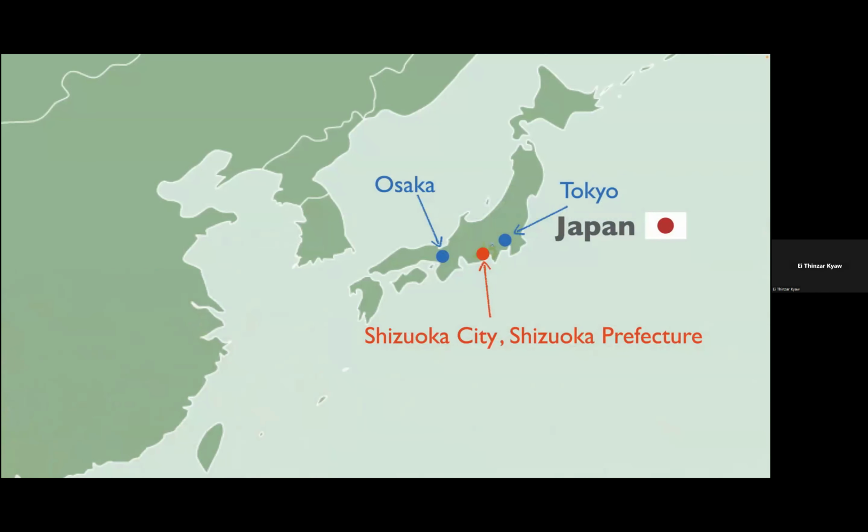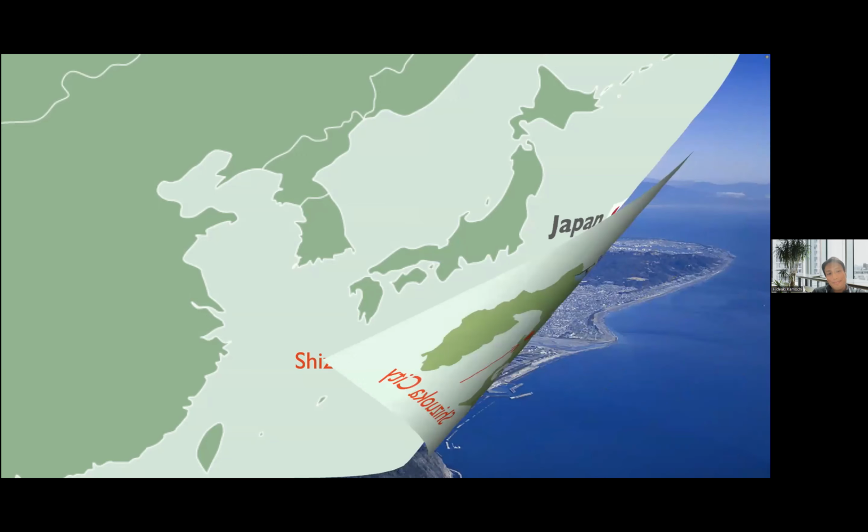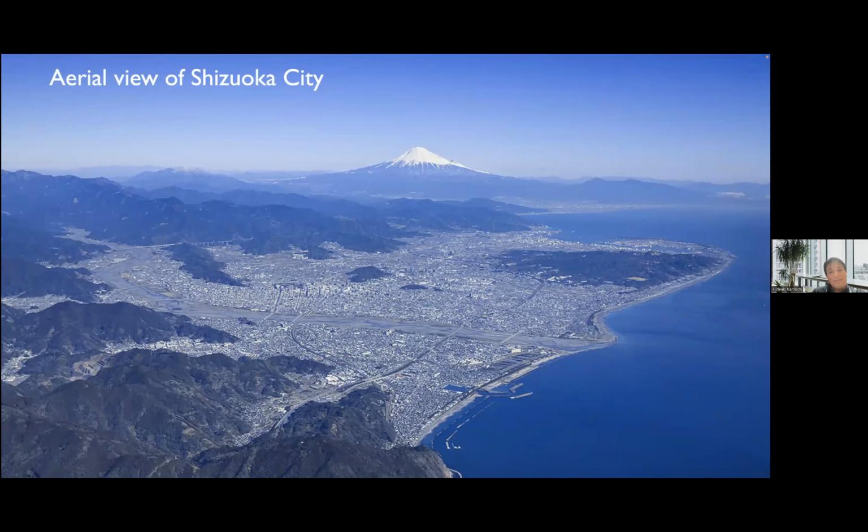By the way, Shizuoka Children's Hospital is located in Shizuoka City, Shizuoka Prefecture, Japan. Shizuoka Prefecture is situated in the central part of Japan. Shizuoka City is in the middle of Shizuoka Prefecture. In the east part of Shizuoka Prefecture, you can see Mount Fuji, which is the most famous mountain in Japan. Aerial view of Shizuoka City.